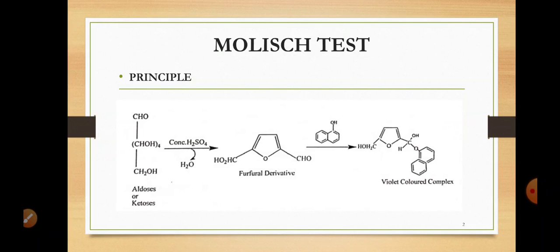The polysaccharides and disaccharides are hydrolyzed by concentrated sulfuric acid into monosaccharides. The monosaccharides are dehydrated by the acid to form furfural or its derivatives, which later condense with alpha naphthol to form a violet colored complex, which appears in the form of a ring at the junction of two liquids.